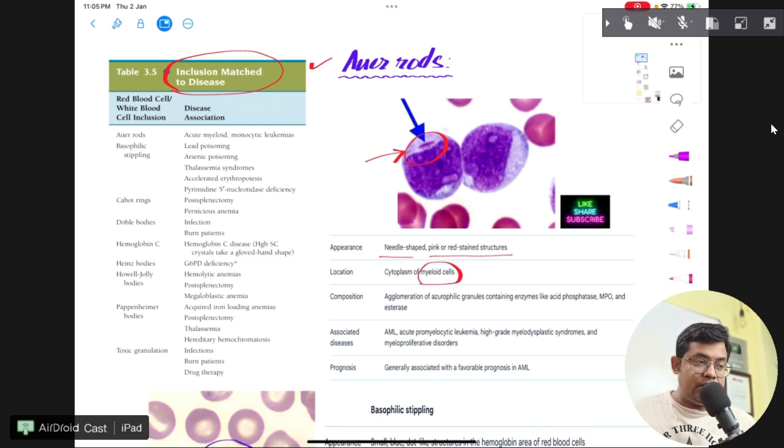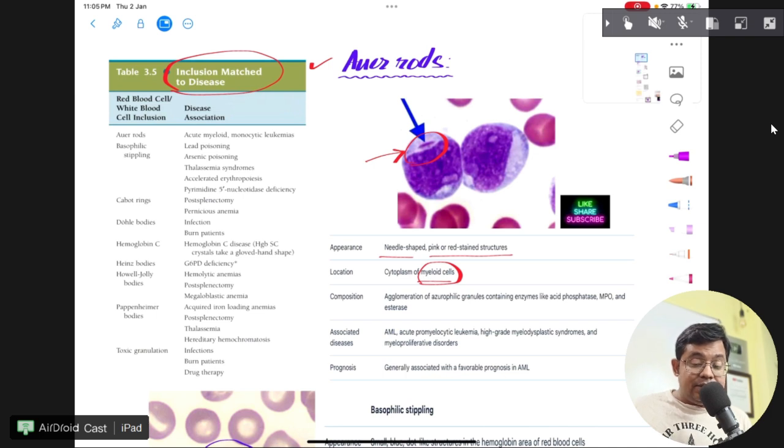Myeloid cell means those cells that are capable of making mature neutrophil, eosinophil, basophil, or any other cells like monocytes. So, myeloid cells usually show presence of Auer rods.